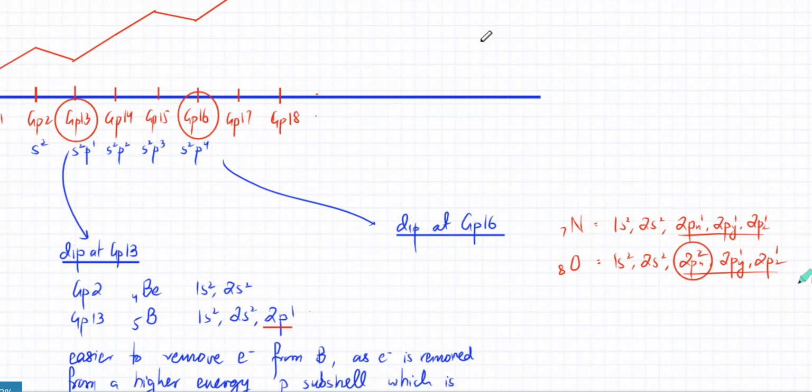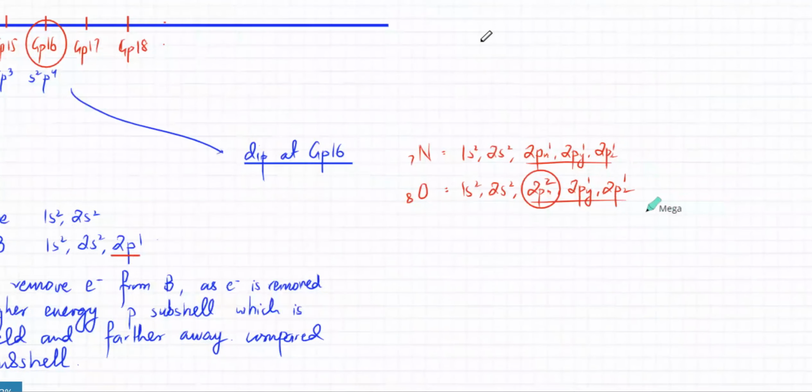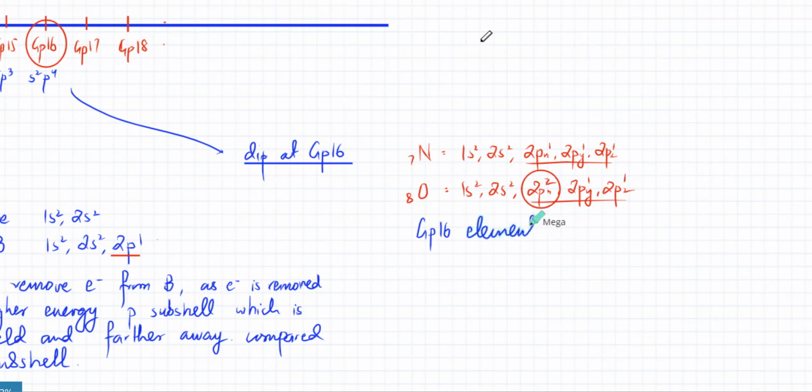So the wording that you're going to use, and remember, it's always going to be a relative comparison. When you're answering this, you're going to state that at group 16, whatever the group 16 element is, the electron is removed from a paired p subshell.